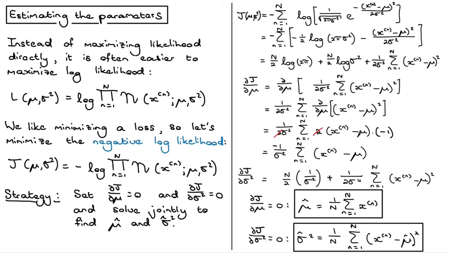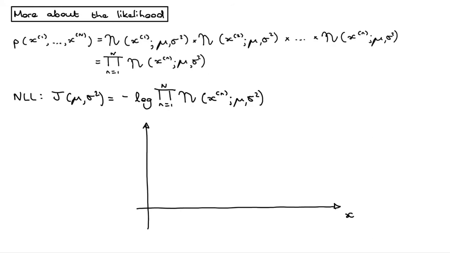Now, before coming back to these equations and briefly talking about what they look like intuitively and whether they make sense, I just quickly want to dig into this likelihood function a little bit more and what it looks like to maximize the log likelihood, or equivalently to minimize the negative log likelihood. So as I said before, we can think of the likelihood or the log likelihood as a function of the parameters of some density.